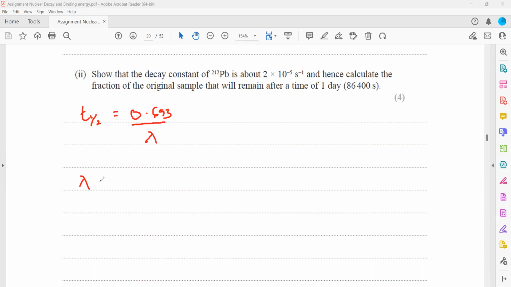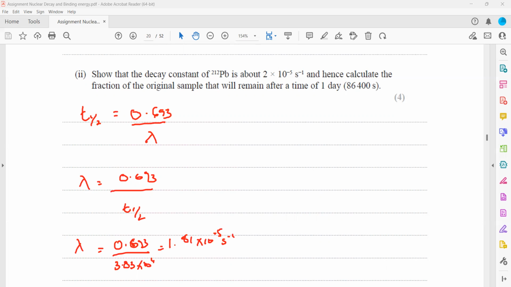So lambda is 0.693 divided by T half, which is 3.83 × 10^4 seconds. This gives a decay constant of about 1.81 × 10^-5 second inverse. The unit is second inverse, the reciprocal of time.